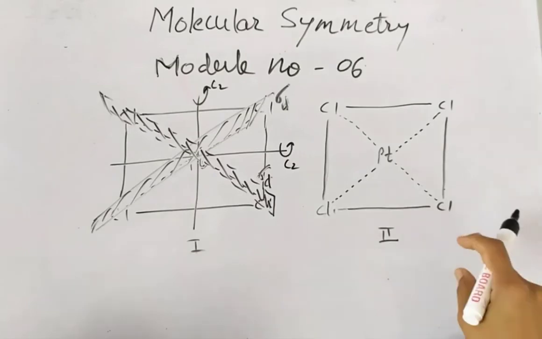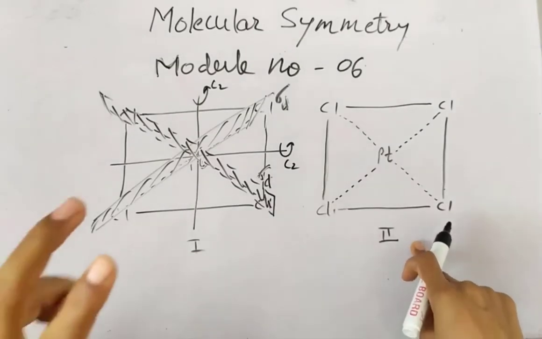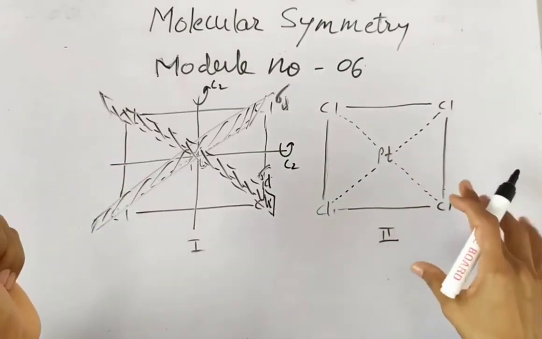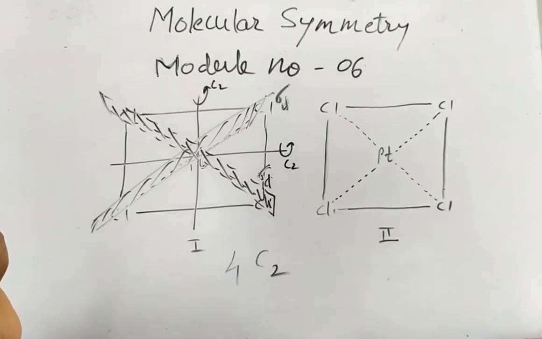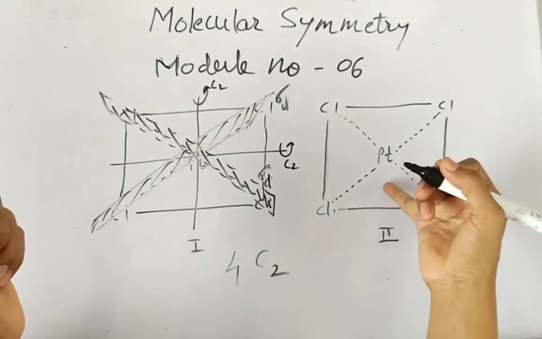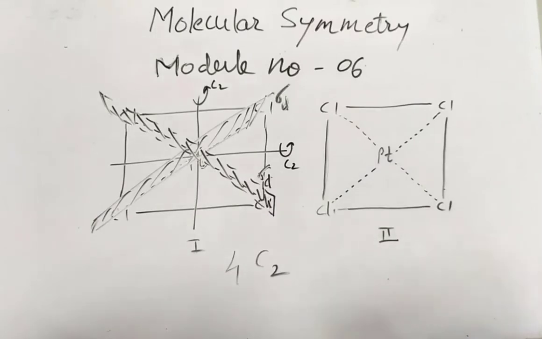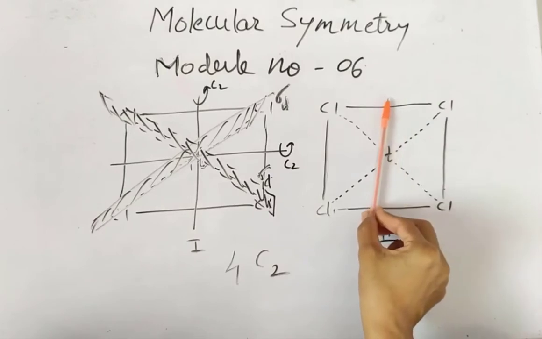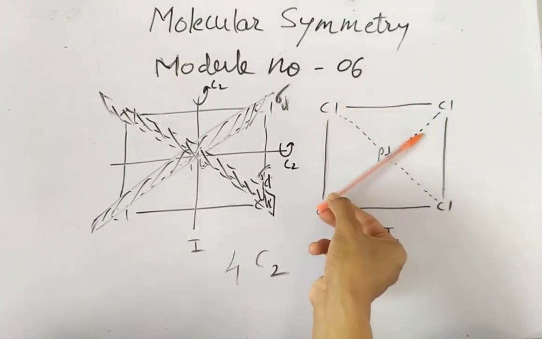Now I have drawn another image also for PtCl4. Before, you must be remembering, we found 4 C2 axes in PtCl4 molecule. In what way have we passed those 4 C2 axes? One way was like this: 1, 2, 3 and 4.